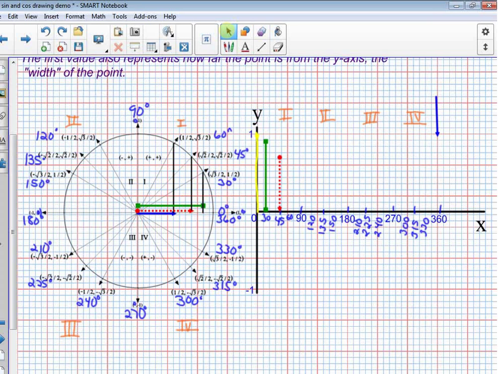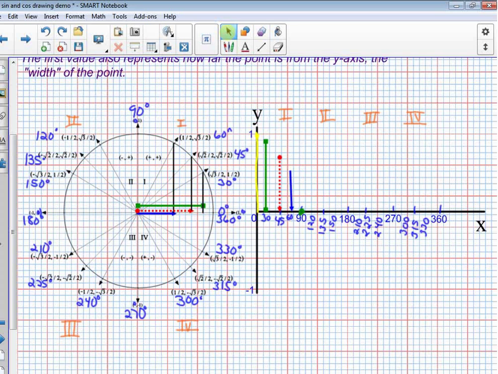And the blue one is going to represent the cosine of 60. So it's going to be half the distance of a radius of 1. All right, so now at 90, look at your x-coordinate. It is 0. So I'm going to mark that one with that big green dot. And then I'm just going to use these segments again.